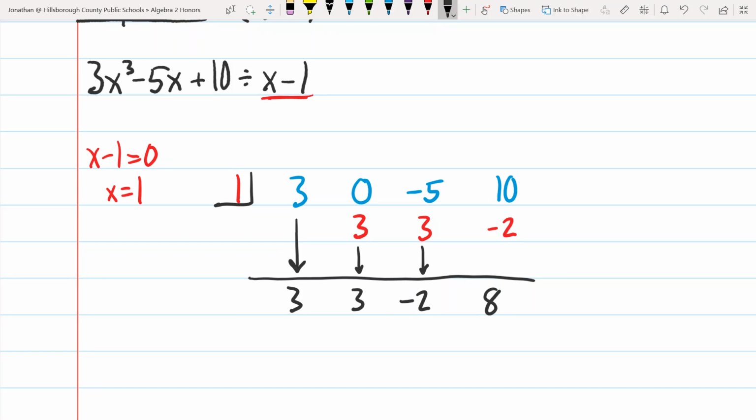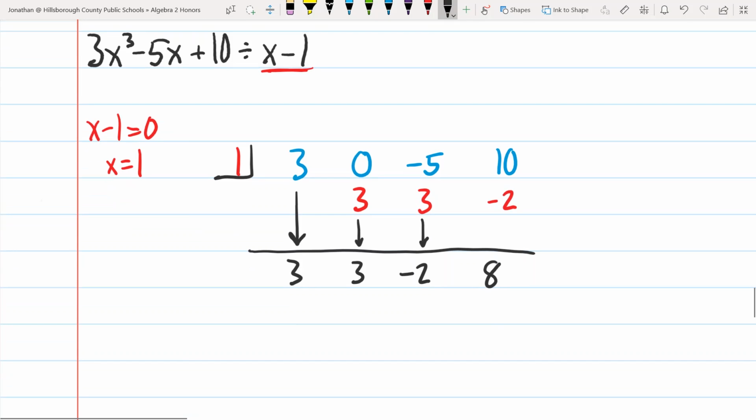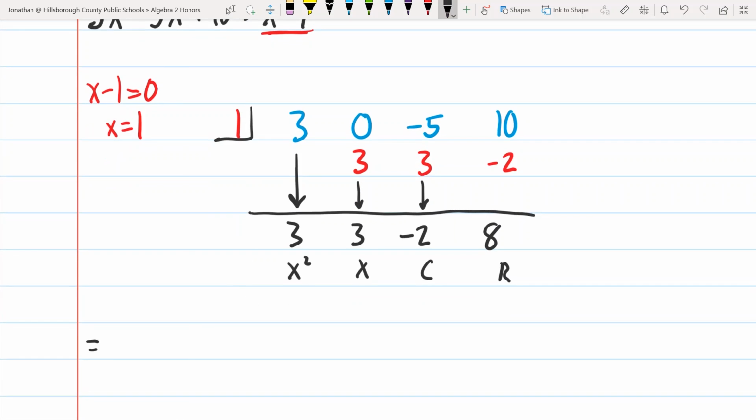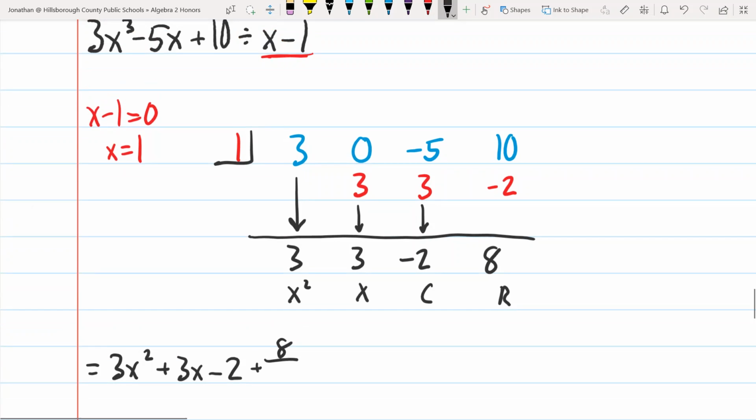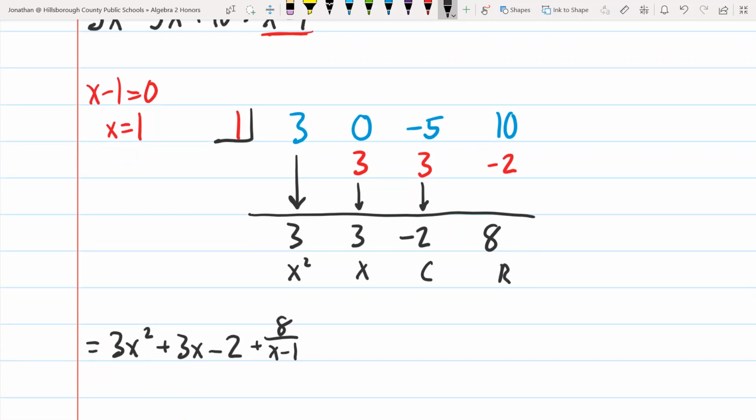This one has a remainder of 8, it looks like. So we have remainder, constant, x squared. And again, sometimes you'll have a larger answer. It depends on what you start with. 3x squared plus 3x minus 2 plus 8 over the divisor x minus 1.